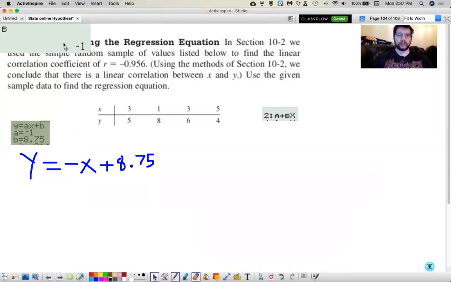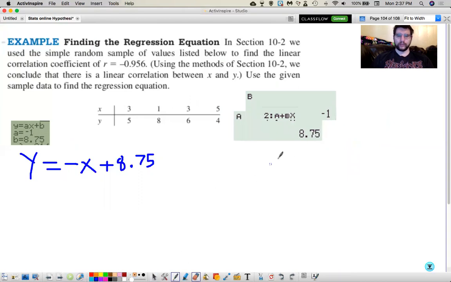So if we take this equation, we plug in these numbers. Here's B, here's A. Y equals A plus BX. So plus and negative makes a negative. These are the exact same thing. They're just written in a different order.